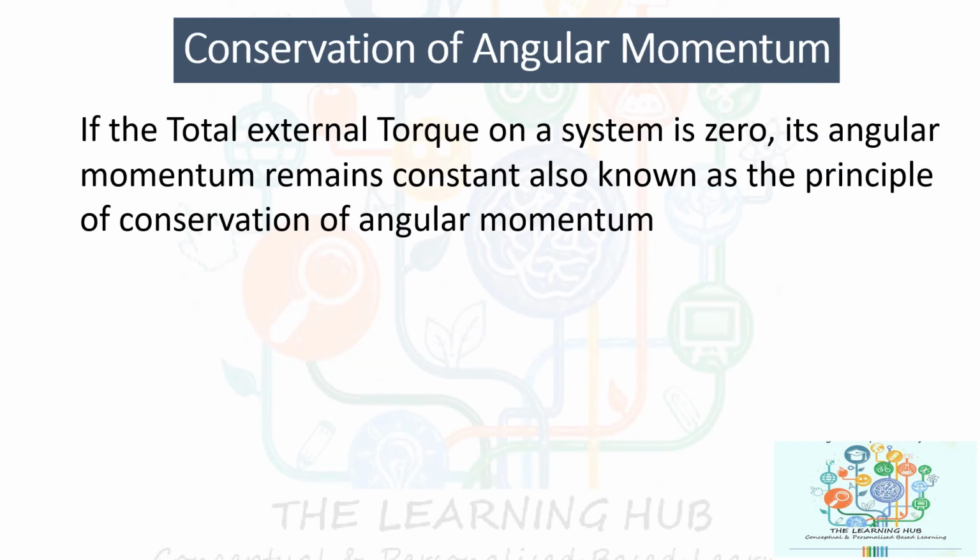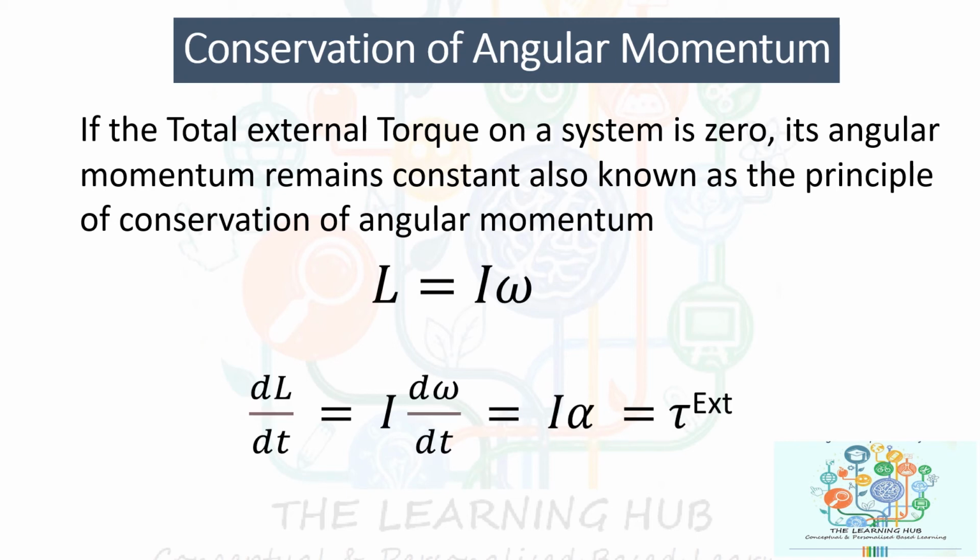In the case when the external torque on the rotating system is zero, angular momentum remains constant, also known as the principle of conservation of angular momentum. We can see from this relationship that when the change in momentum and the external torque are zero, the momentum remains the same.